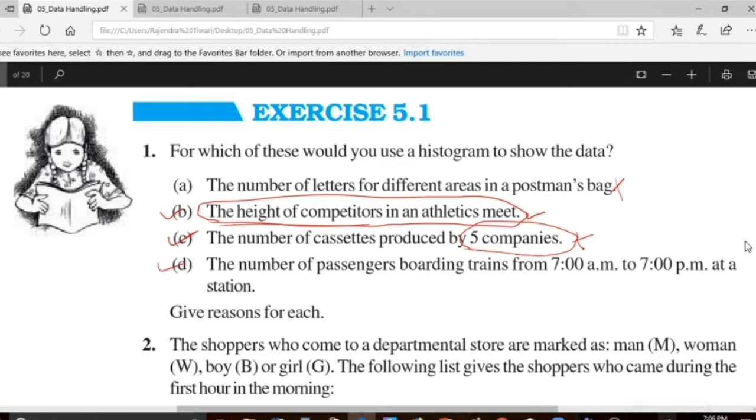Question D: the number of passengers boarding a train from 7 a.m. to 7 p.m. There is a 12 hour gap, and there are so many passengers, so we can easily draw a histogram. We have already given the reason for all the questions. Got it?